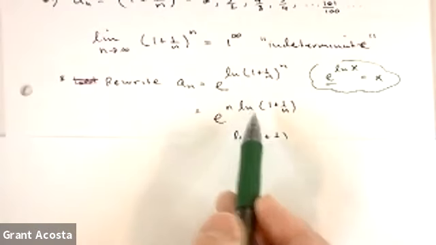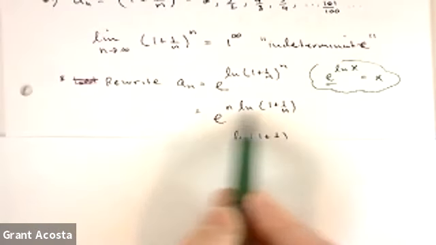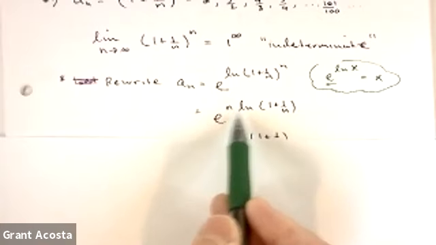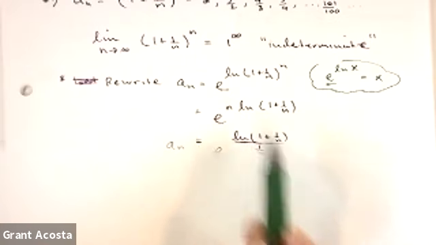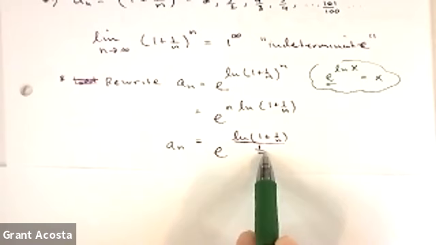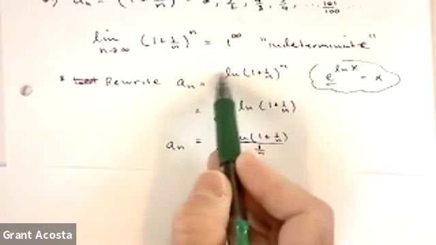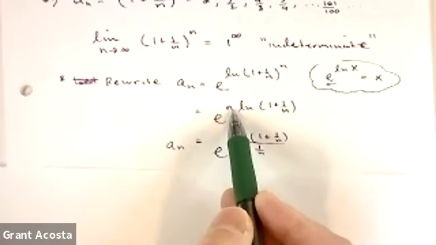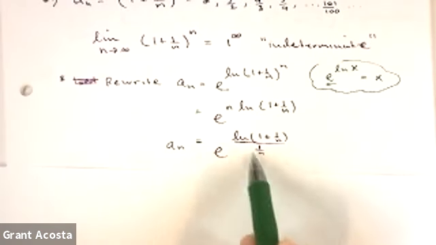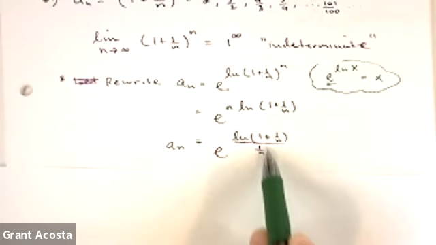And in order to take advantage of L'Hopital's rule, we need to get a fraction here. We have a multiplication problem, so that n is now going to move to the denominator as a 1 over n. So the n started here. By the property of logs, we can bring it down here, and then we're just going to rewrite that n as 1 over n in the denominator.